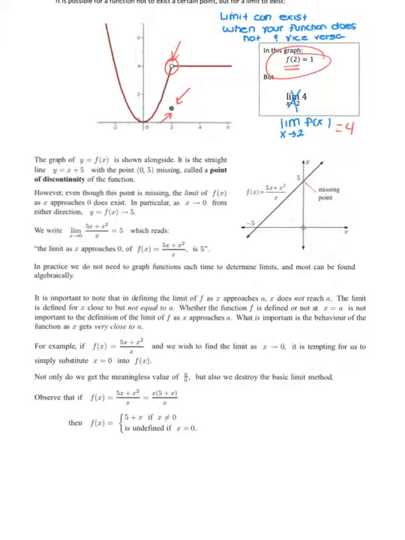Not only do we get the meaningless value of 0 over 0, which is called an indeterminate form, but we also destroy the basic limit method. Okay, and we're going to start talking about piecewise functions here in a moment. Now, you can factor equations, cross things out, and remove holes. And that's what we're going to take a look at now.